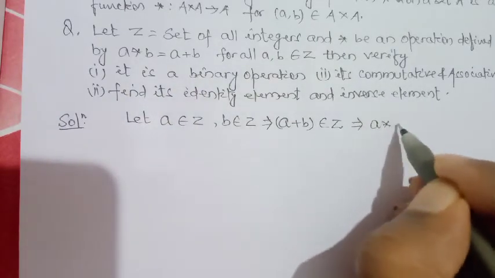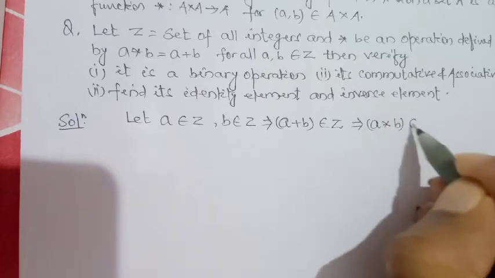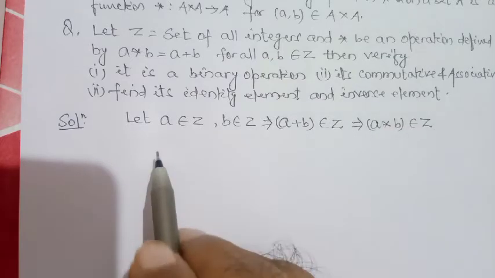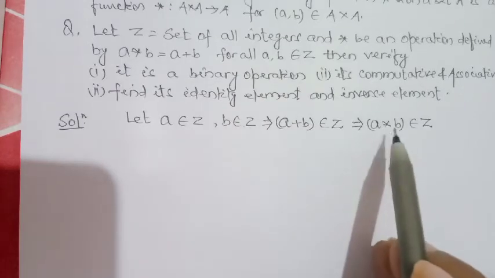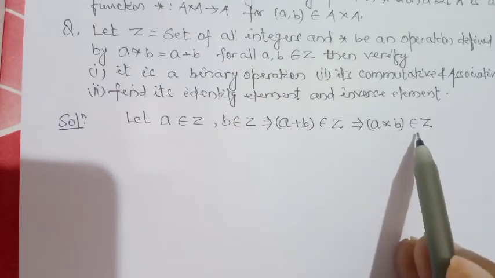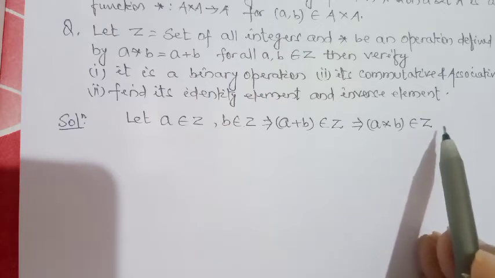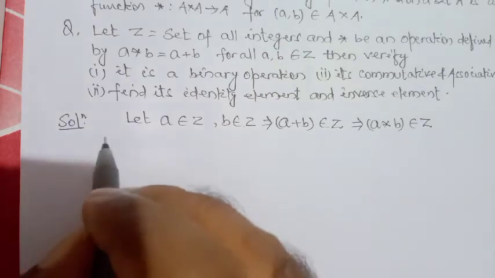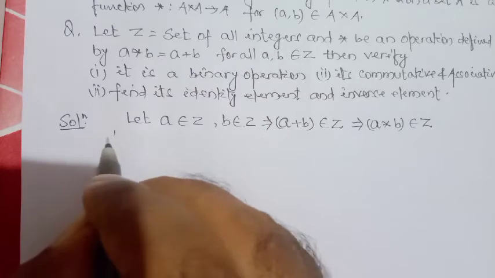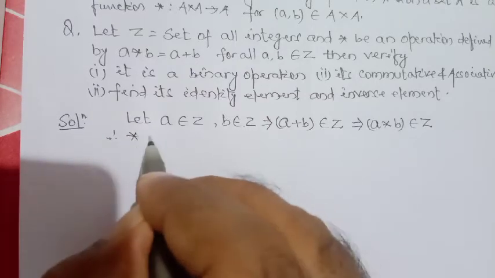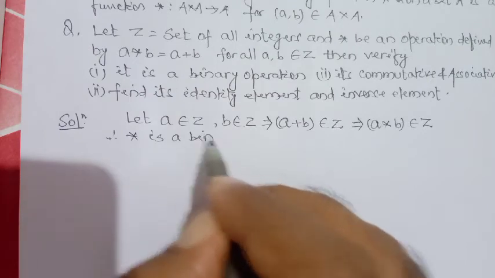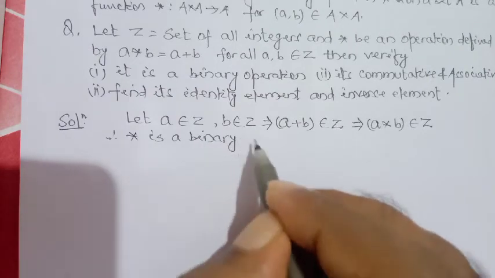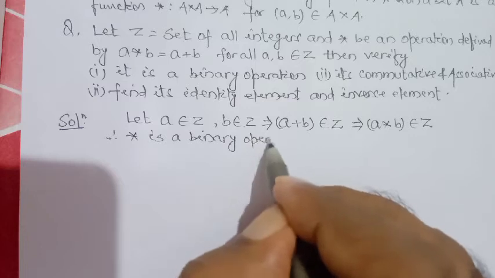So a star b belongs to Z. So it satisfies closure property. Therefore, star is a binary operation.